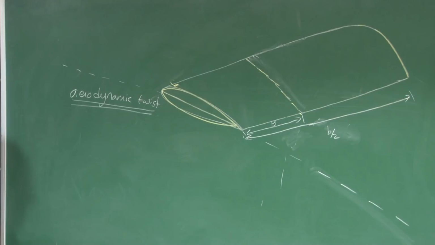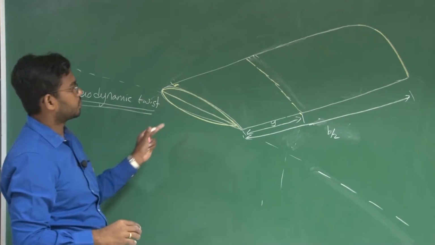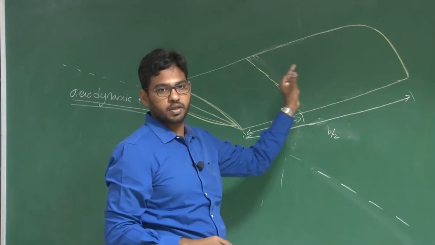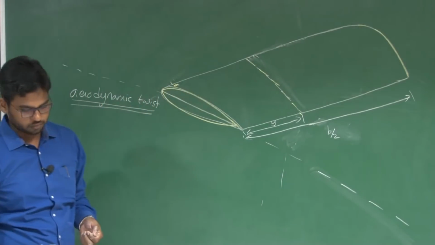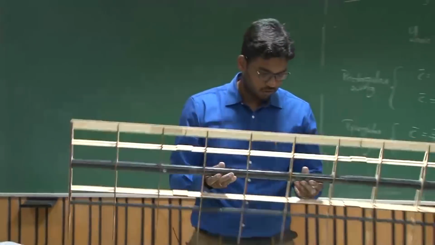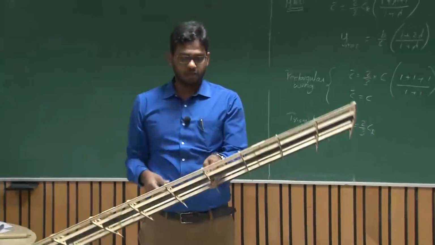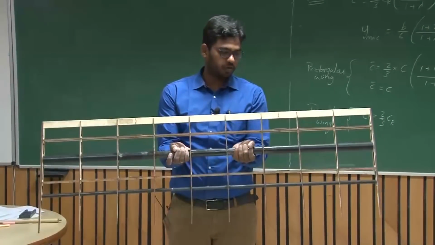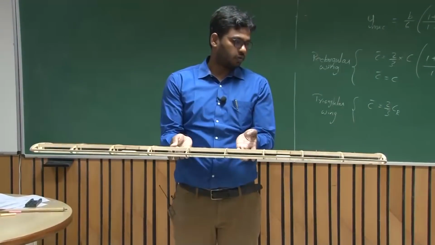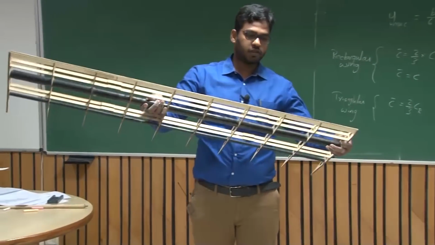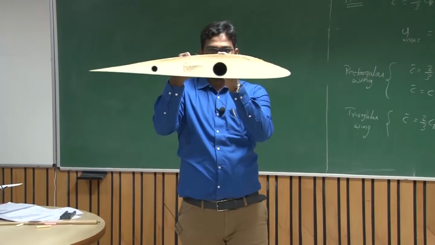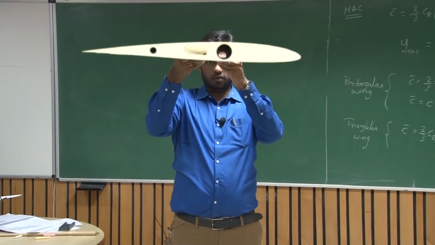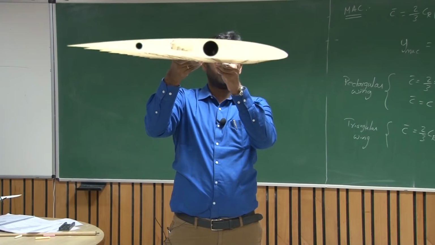So aerodynamic twist is to change the lifting properties along the span-wise location of this wing. Let's look at a wing here. It's a rectangular wing. In our previous lecture, we saw a tapered wing about the mid chord, and in this case, it's a pure rectangular wing. This is the side view you are looking at.